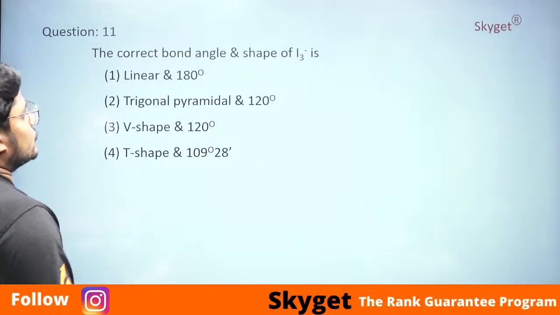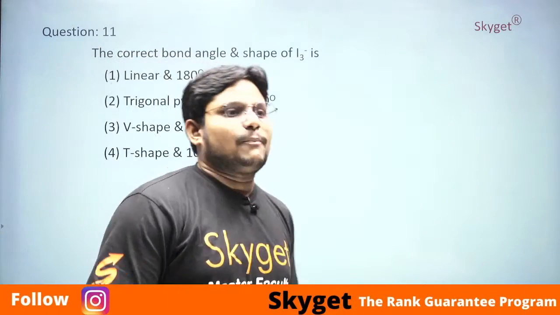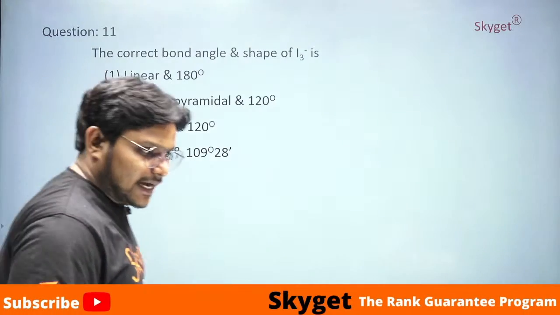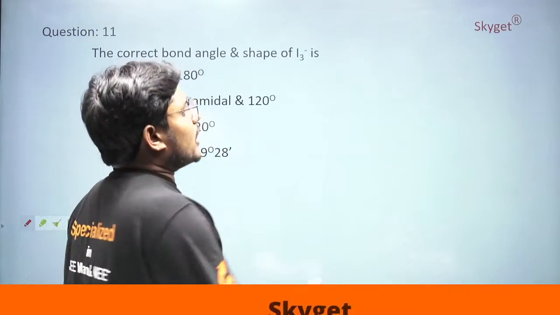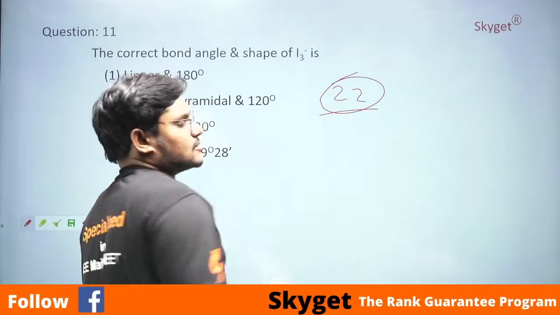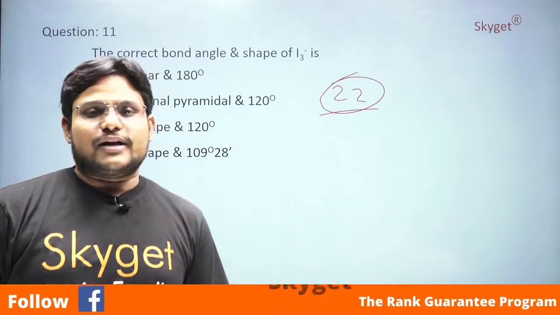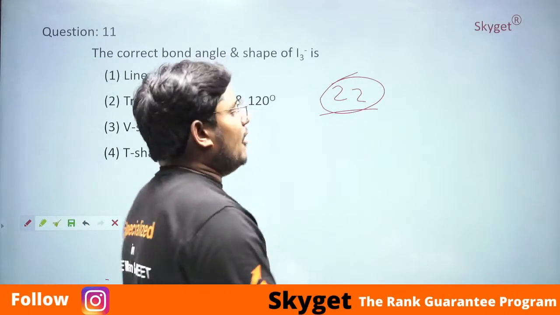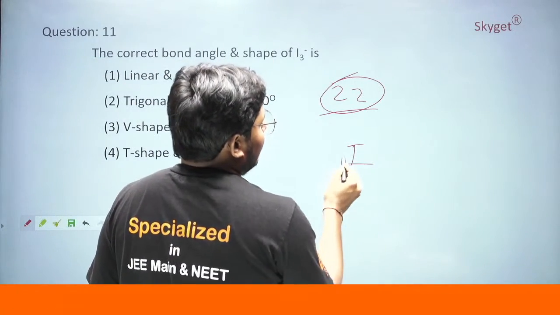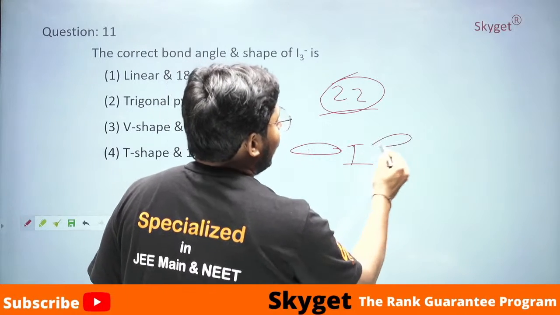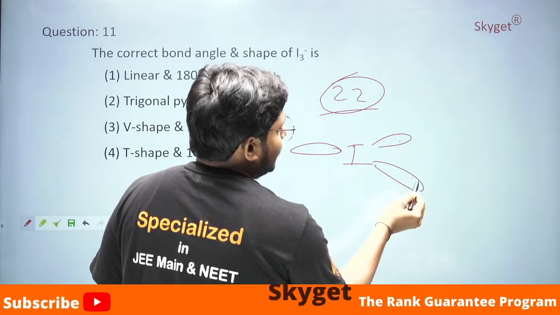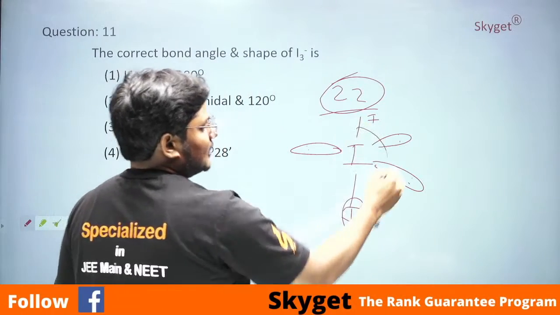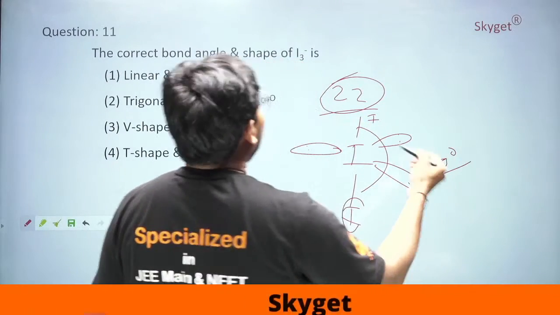Okay, now you can see it, students. The correct bond angle and shape of I3 minus is what? Yes, students, it is a general question. It contains altogether 22 electrons. Here, the I3 minus will be present in a linear shape, and the central iodine will have 3 lone pairs, and the 2 iodines are placed like this, and the bond angle is 180 degrees, students.